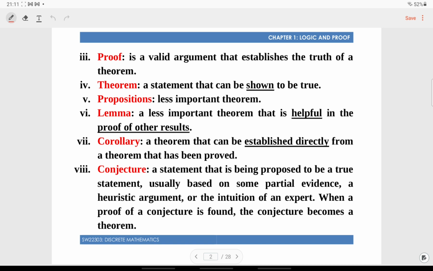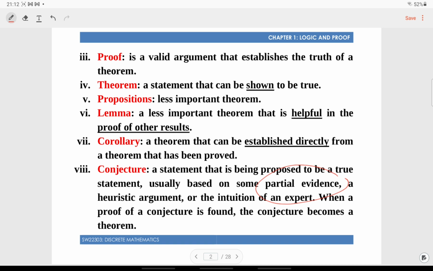Then we have the conjecture. A conjecture is a statement that is proposed to be true, usually based on some partial evidence, a heuristic argument, or the intuition of an expert. When a proof of a conjecture is found, automatically that conjecture becomes a theorem.